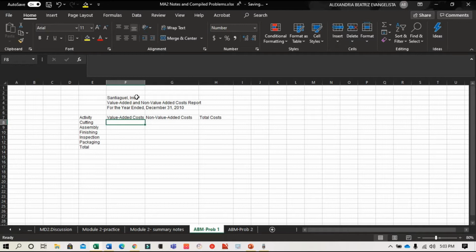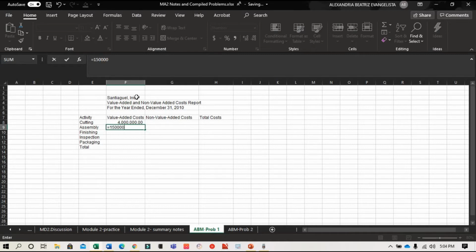For cutting, the value added cost is computed by multiplying the SP by SQ, which is 400,000 multiplied by 10. For assembly, that is 150,000 multiplied by 9.